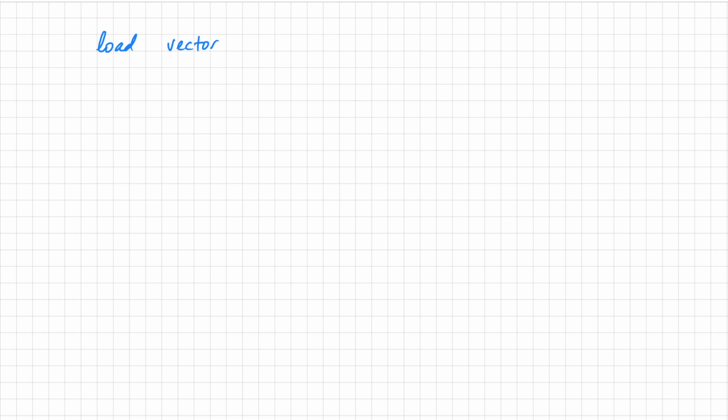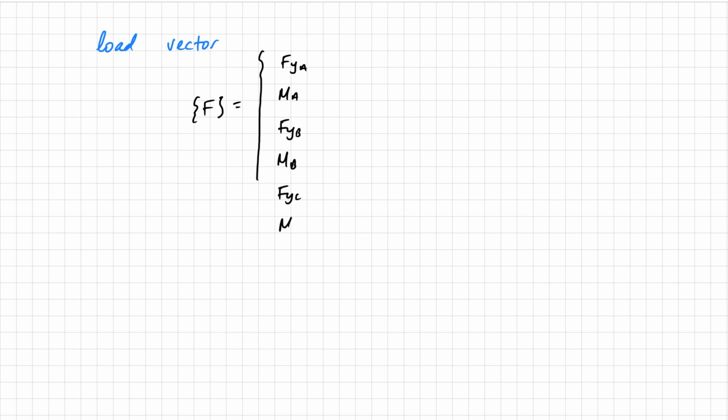Now, the next thing that we're going to want to find is the load vector. And our load vector, F, is really all the external loads. Now, potentially we have external loads at each of those points, A, B, and C. So generally it would be Fy, so the vertical load at point A, then potentially a moment at A, then a load at B, a moment at B, and then a load at C, and a moment at C. However, in our case, we know exactly where the load is.